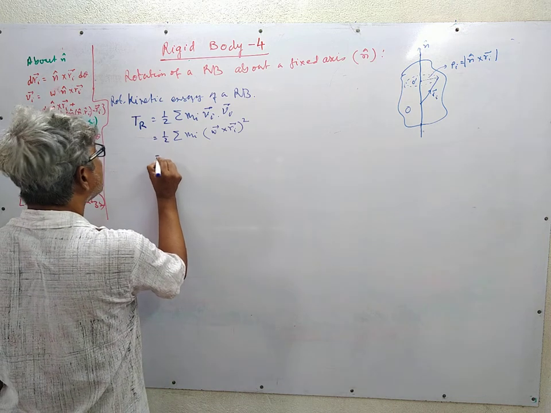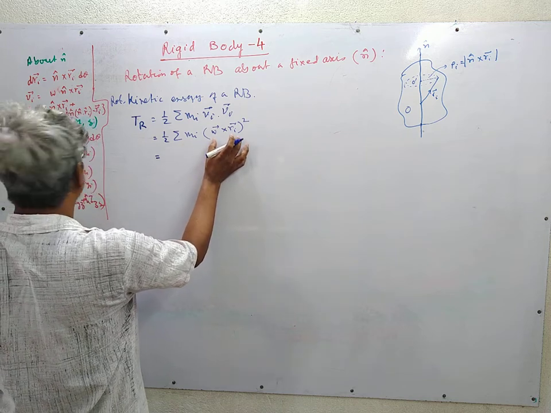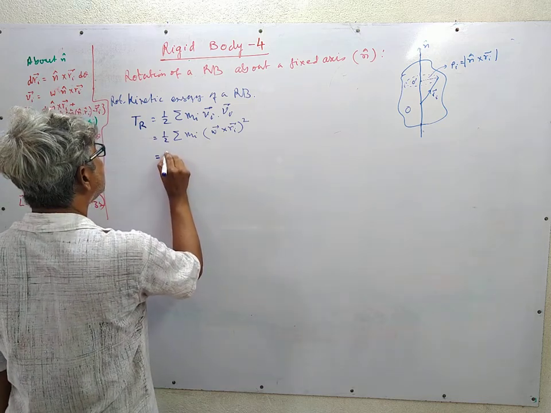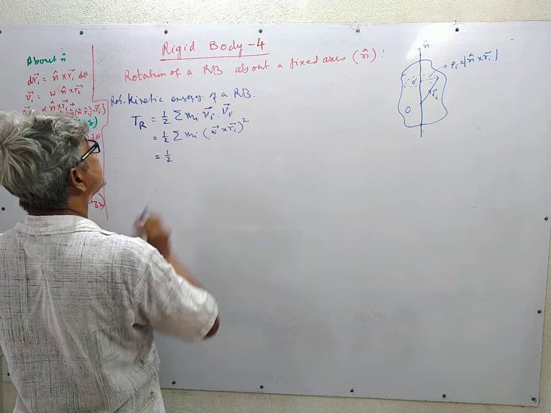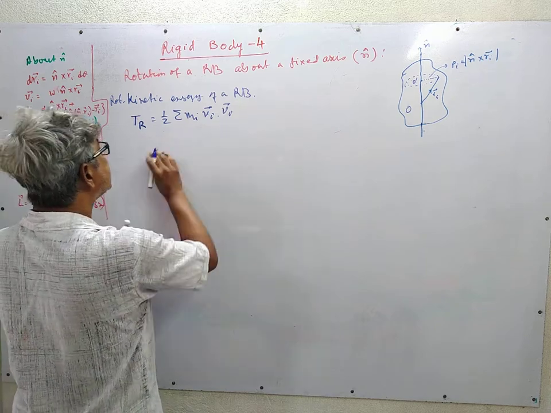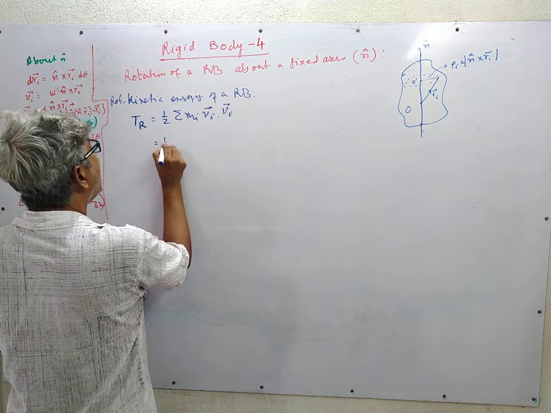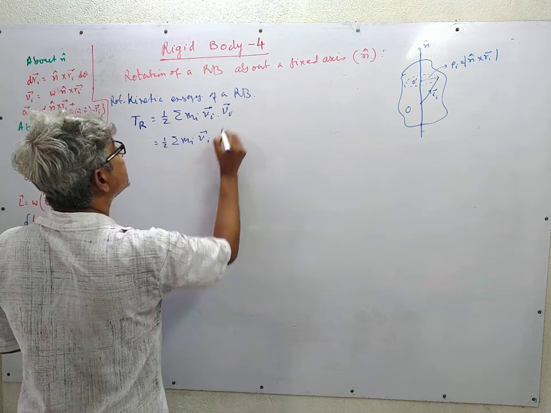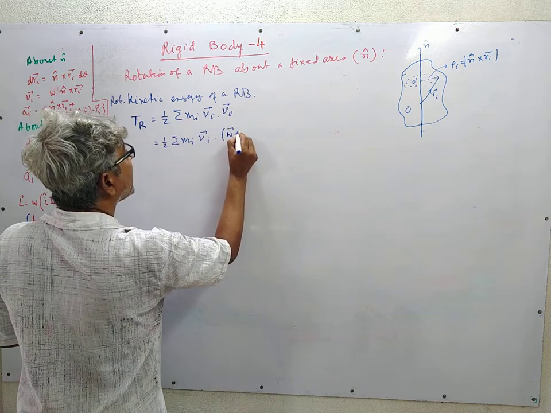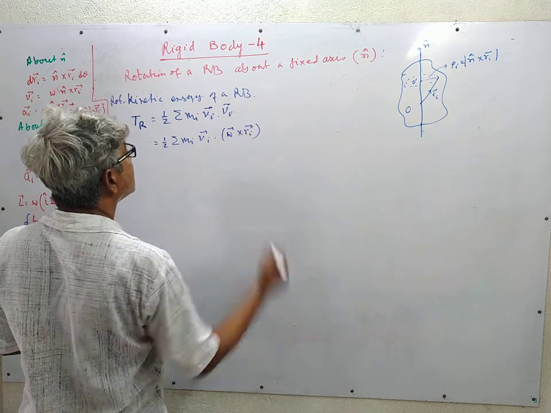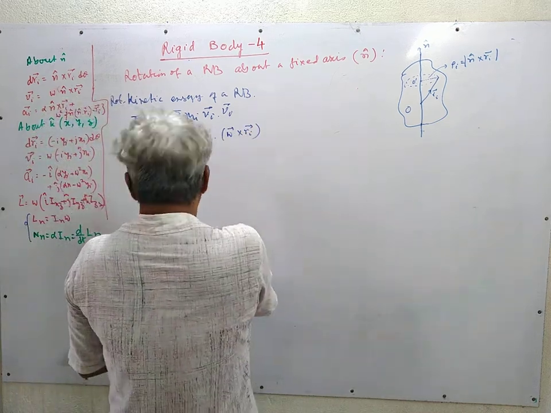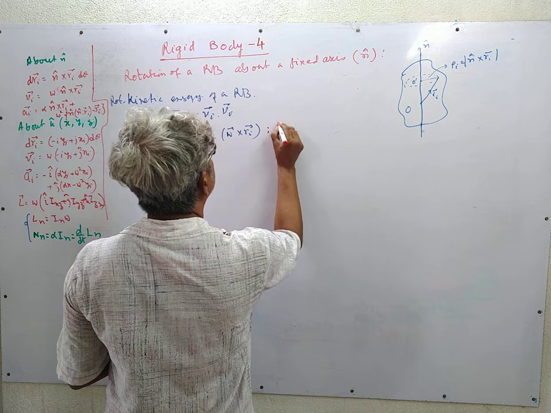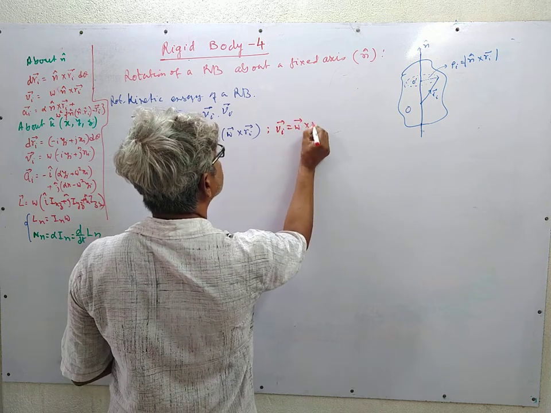So this omega cross R_i, we write this term as half summation over m_i, v_i dot, where this v_i is written as omega cross R_i, as for rotation v_i is equal to omega cross R_i.